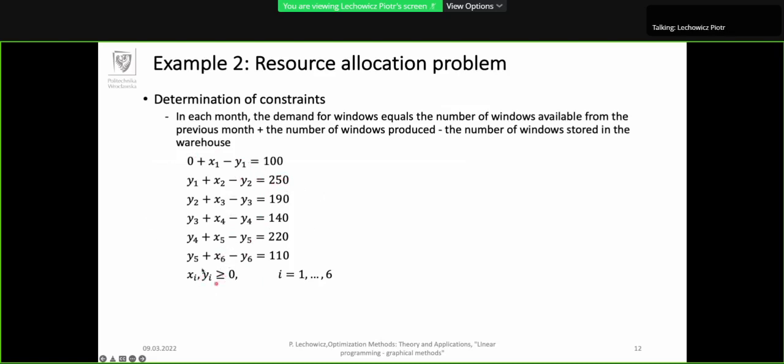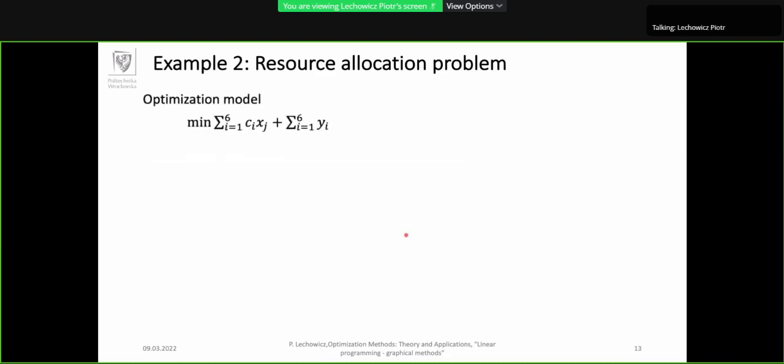All the variables have to be greater than or equal to 0, of course, because the production cannot be negative and we cannot store a negative number of windows in the warehouse. So the optimization model is as follows.